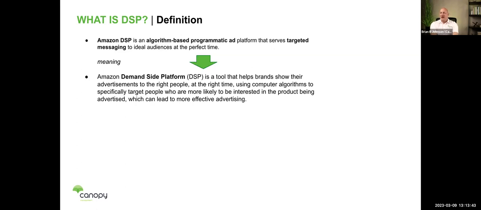It's not. But the way that I kind of reworded this so that I understood it, is Amazon demand side platform, DSP, is a tool that helps brands show their advertisements to the right people at the right time using computer algorithms to specifically target people who are more likely to be interested in the product being advertised, which can lead to more effective advertising.